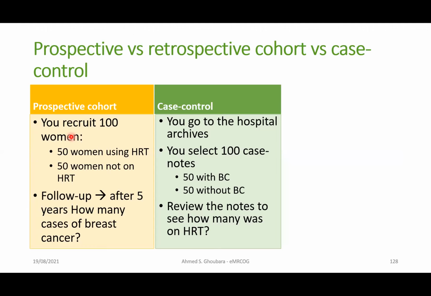And for the case control, we start with the disease and no disease, right? So in prospective, we start with exposure and no exposure. Then we follow up the patients in time, like for 10 years or so, okay? Then we end with disease and no disease, like 50 women using HRT, 50 women not on HRT, okay? For 5 years, how many cases of breast cancer?